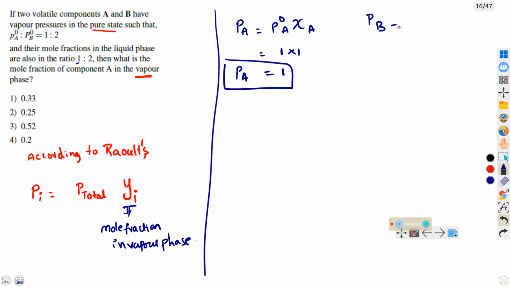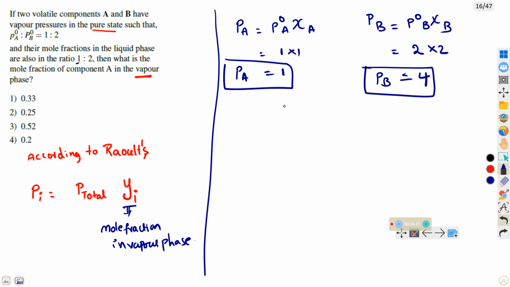PB is equal to P0B XB. P0B value 2. XB value 2. 2 into 2 is equal to 4. Total pressure P total is equal to PA plus PB, that is 1 plus 4 is equal to 5.